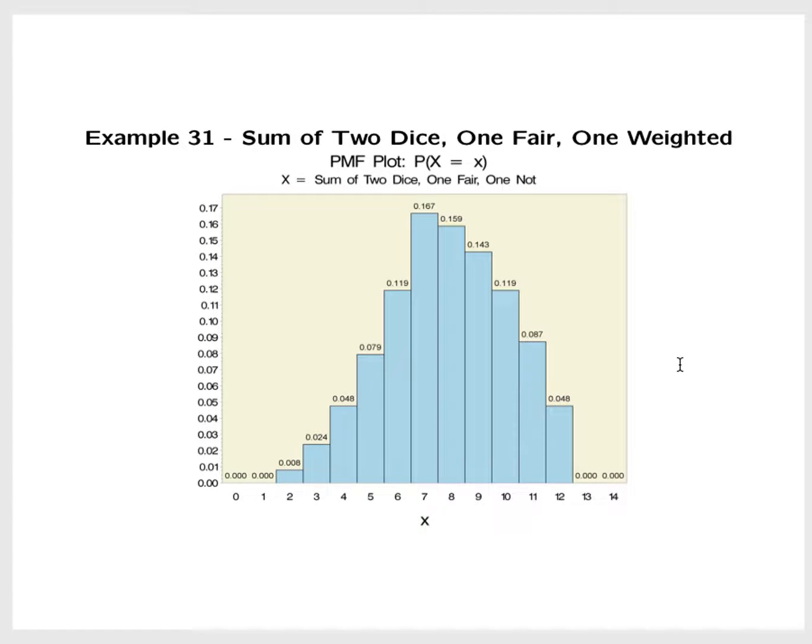Here is a graph of the PMF, and you can see that the graph again is not symmetric. It is skewed. And you tell me which direction does it look skewed? Okay, we'll investigate that when we calculate the skewness coefficient.